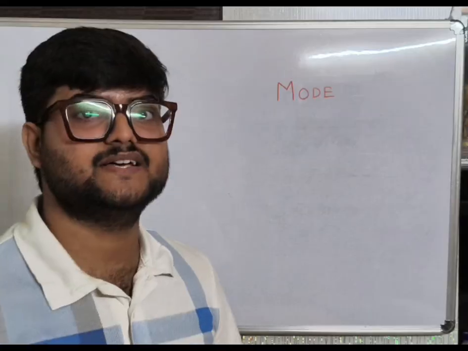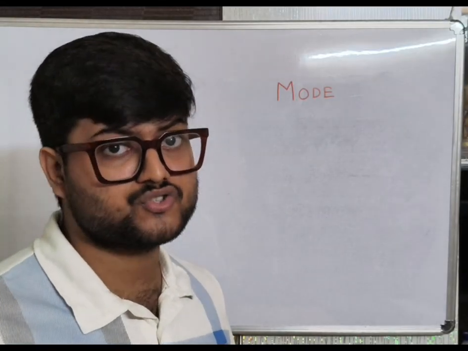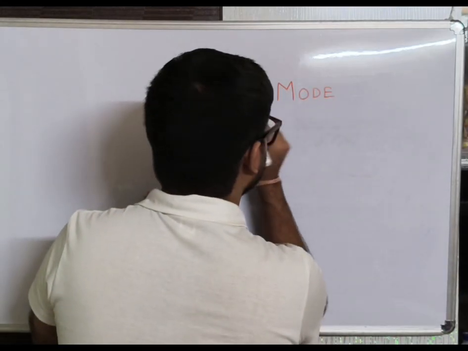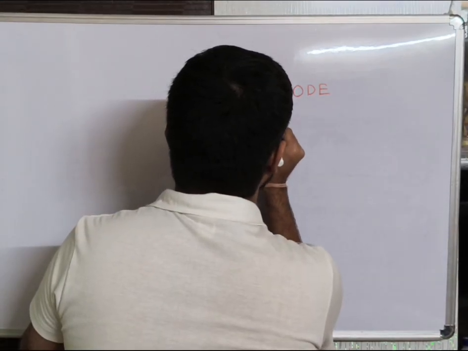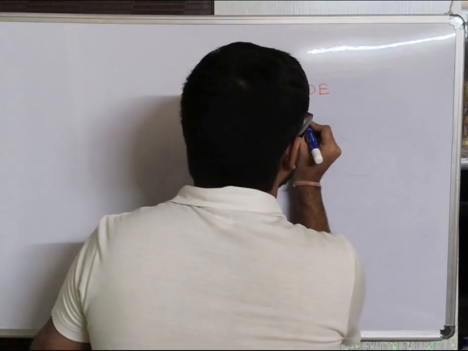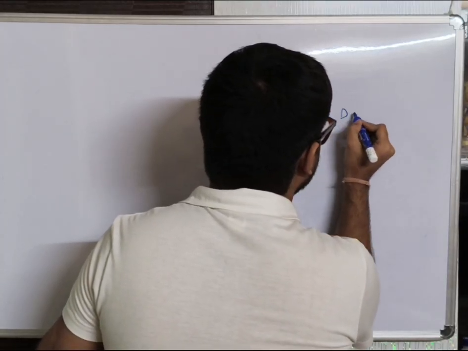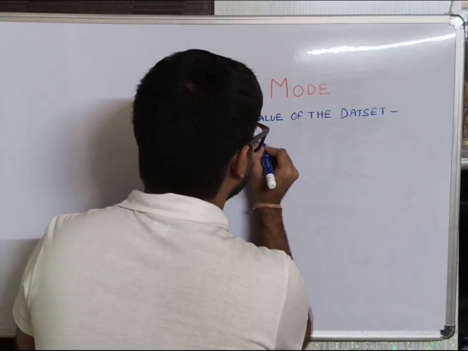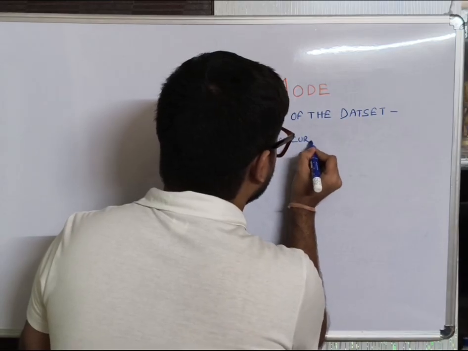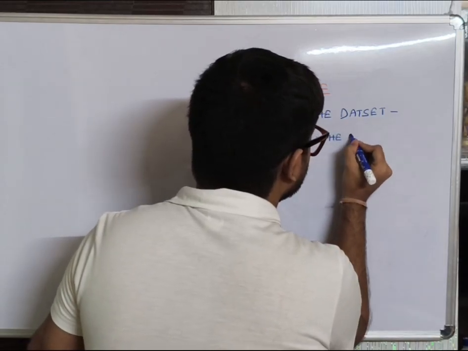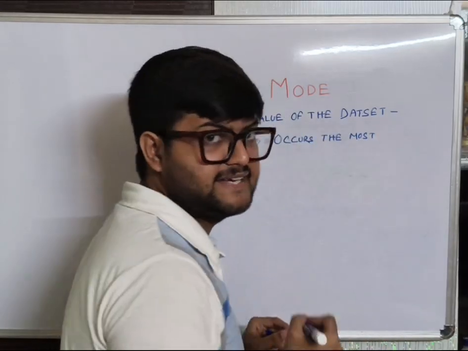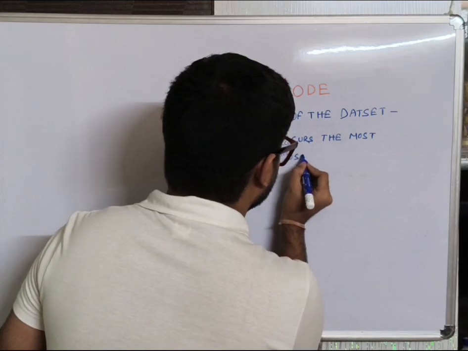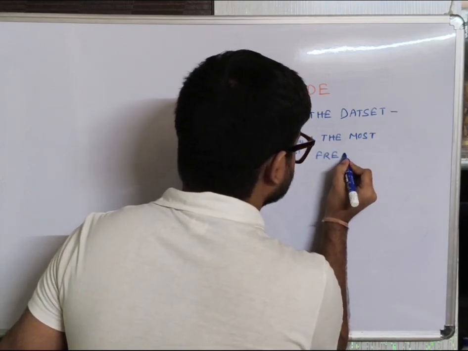Mode is a value of the data set that occurs the most or has the highest frequency. So let's note it down: mode is the value of the data set either that occurs the most in case of a non-frequency data set, or that has the most frequency in a frequency data set.